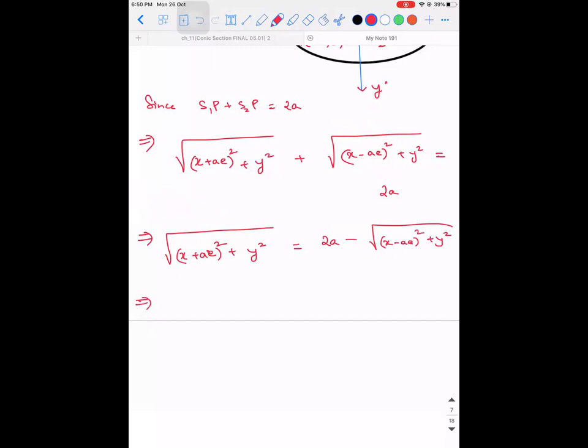So when I square on both sides, what will you get? It will be (x plus ae) the whole square plus y square is equal to 4a square plus (x minus ae) the whole square plus y square minus 4a into root of (x minus ae) the whole square plus y square. This is by squaring on both sides.